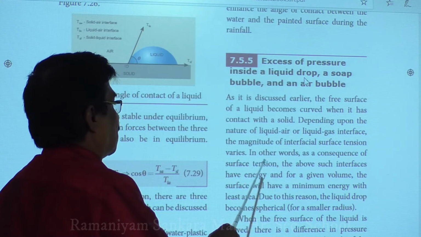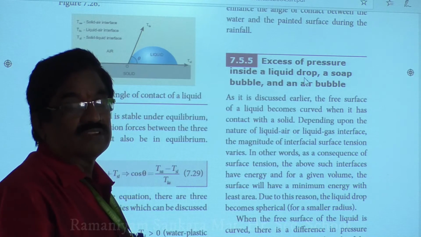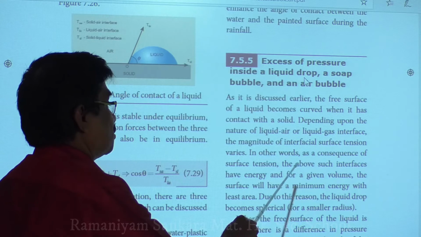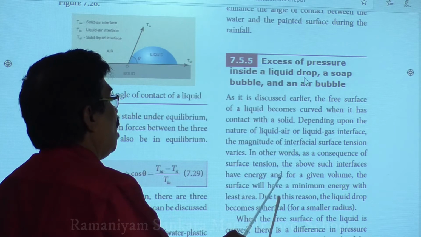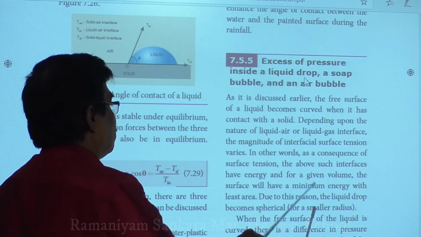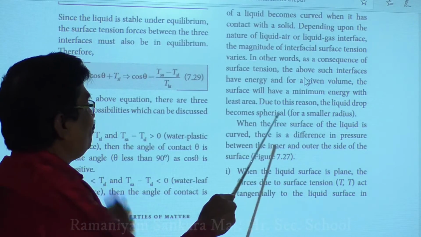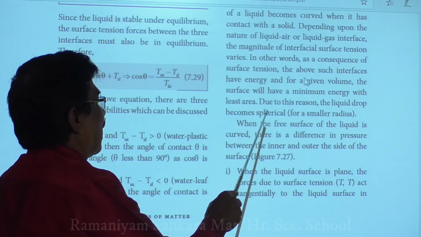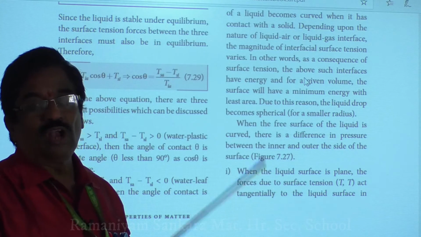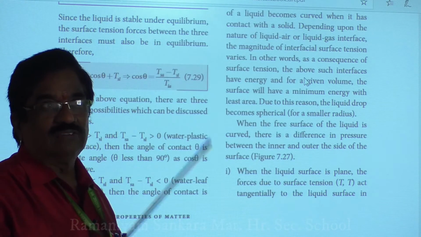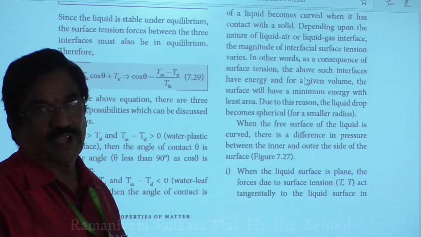As a consequence of surface tension, the interface has energy for a given volume. The surface will have minimum energy in the least area, so the energy will be very small. Due to this reason, liquid droplets become spherical. The sphere has the least surface area, 4 pi r square.